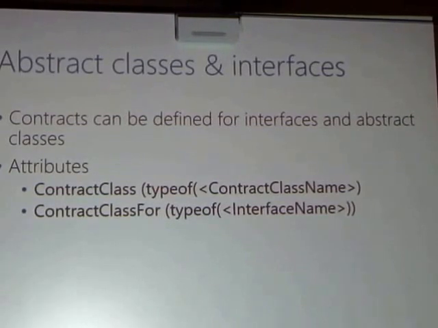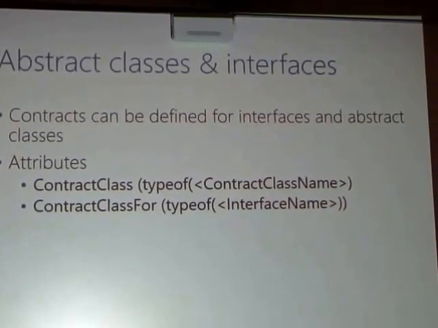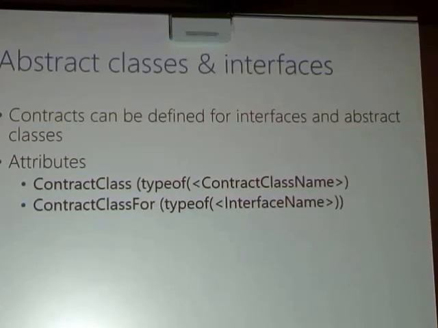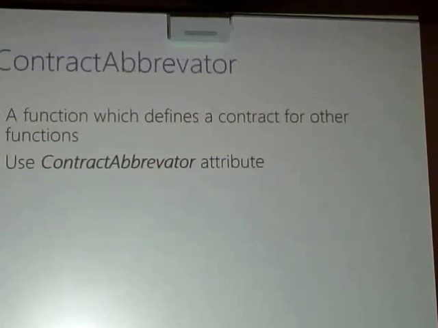So this one we use a lot, and I really like it because it decouples your contracts from your classes, and it makes one nice set of conditions on one set of contracts for the whole hierarchy of classes. Another way to decouple your contracts from your class logic is to have contract abbreviation functions.